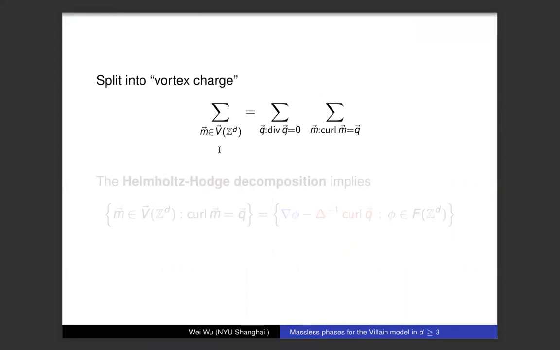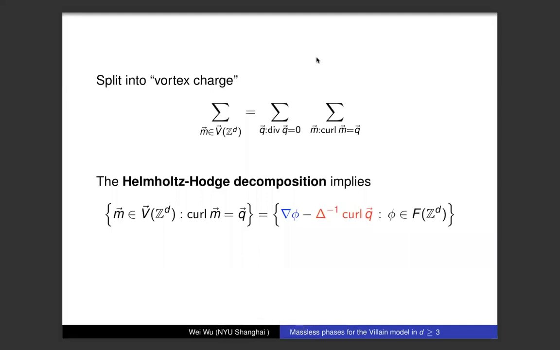We first sum over all possible vortex configurations, and then for each given vortex configuration, we sum over all the M which lead to this particular vortex configuration. We rewrite the second sum, because we can use the Helmholtz-Hodge decomposition to write M in terms of a potential field and a divergence-free field. The divergence-free field is just a function of Q, as the previous formula tells us.